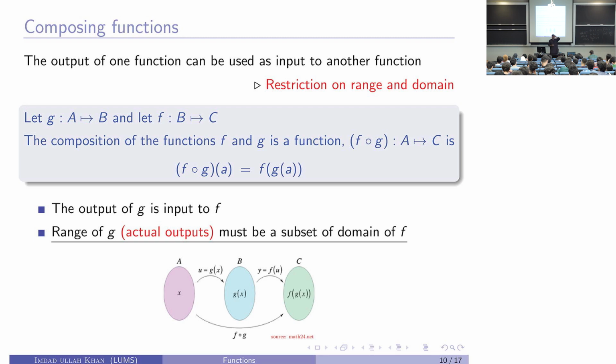Now, this is important: I told you there will be some restriction on g. The range of g must be a subset of the domain of f, okay? Please understand this.